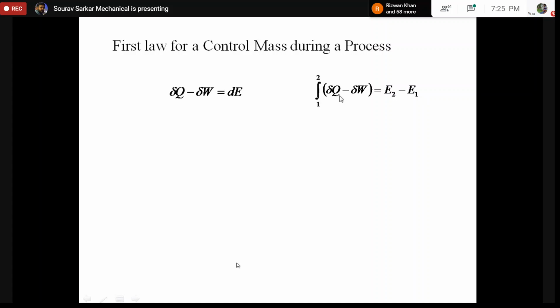But integration of dq will not give me q2 minus q1. Integration of dw will never give me w2 minus w1. But dq minus dw will give me E2 minus E1, because it is an exact differential. So I can write that q1 to 2 minus w1 to 2 will give me E2 minus E1.